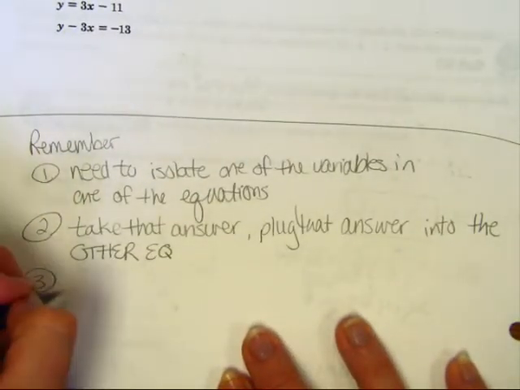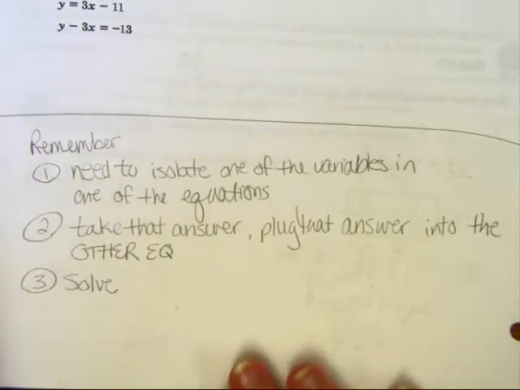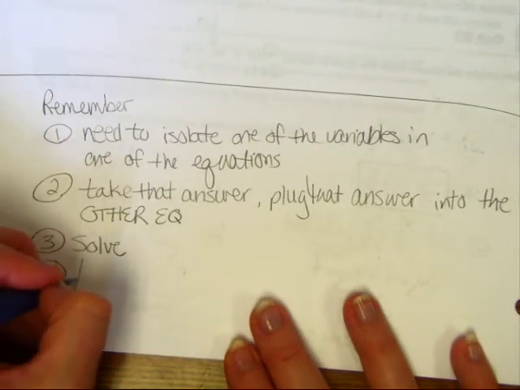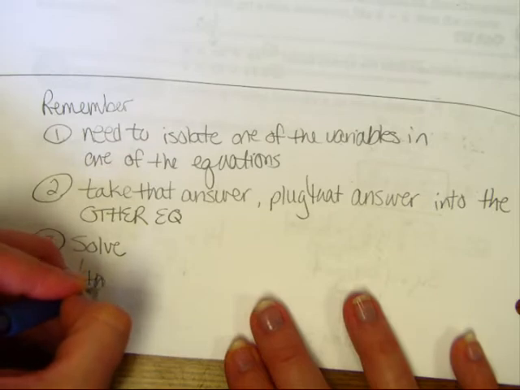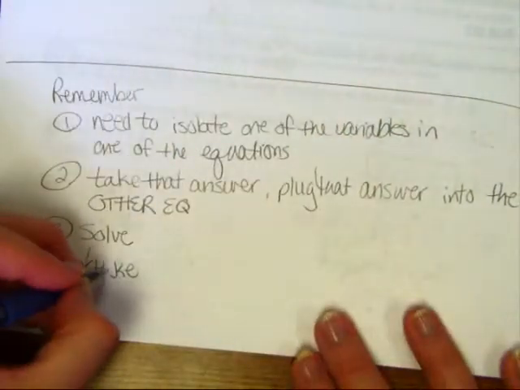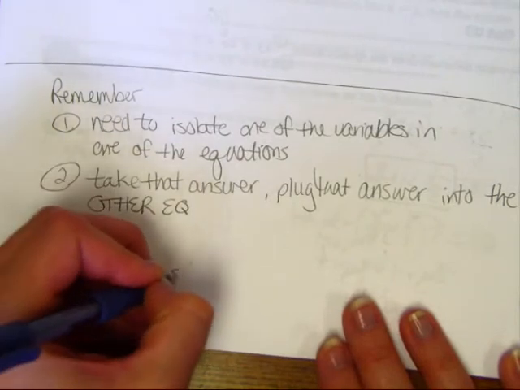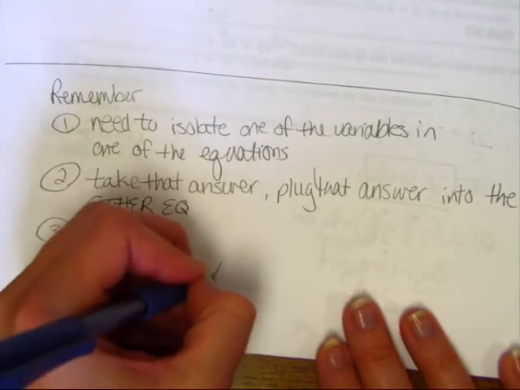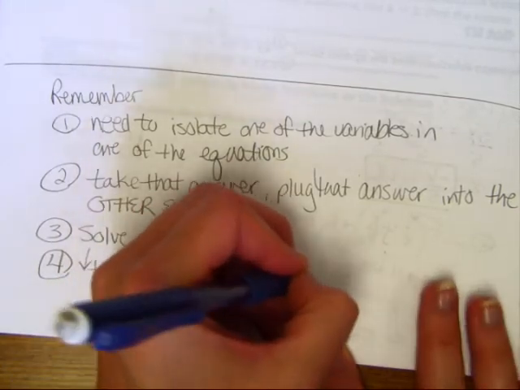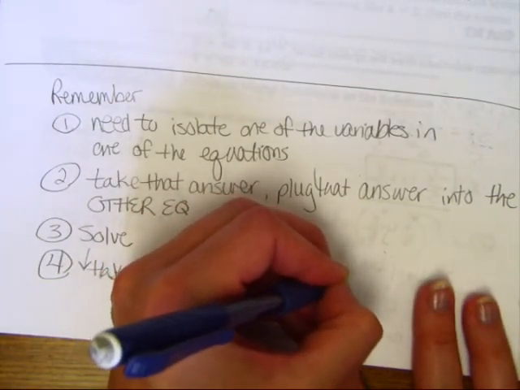Step 3, you will be ready to solve it like a normal algebra problem then. And then step 4, after you solve, you take that and solve for the other variable.